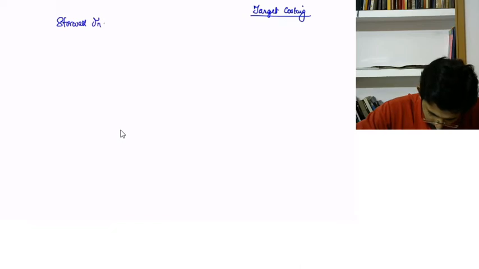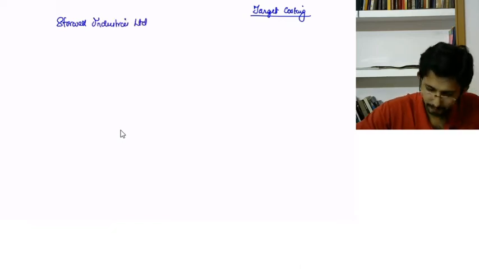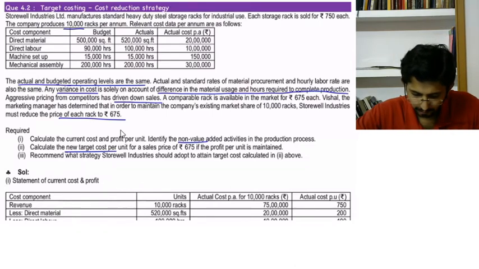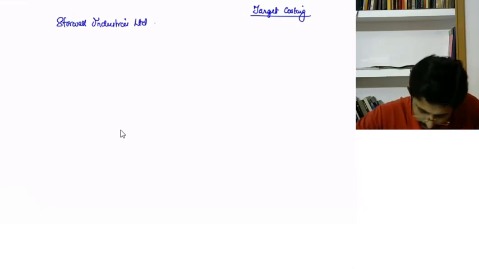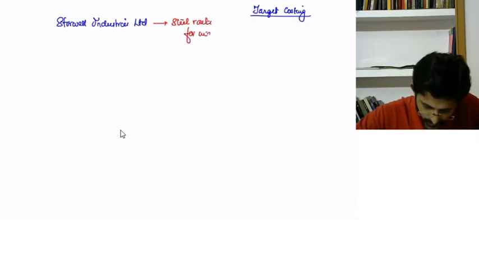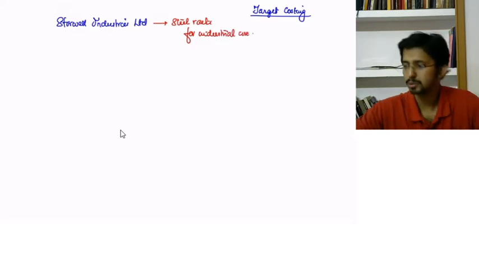This company is manufacturing heavy duty steel storage racks for industrial use.